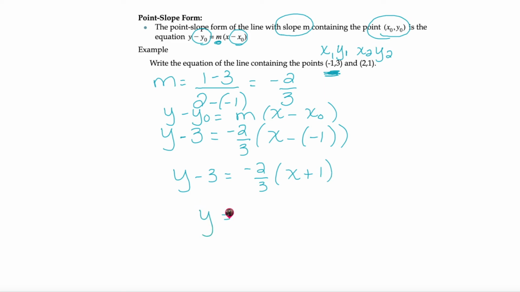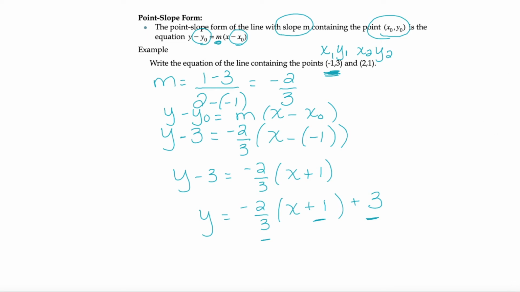We could simplify by just getting y by itself. y is equal to -2/3 times x plus 1, plus 3. And now it's also written in the transformation formula, so we could identify if we are shifting left, we are shifting up, and then we can also look at reflections and scaling as well.